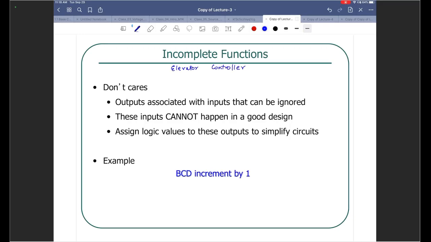for a building that has, say, 40 floors. So if the building has 40 floors, you might need bits to encode each of the floors.